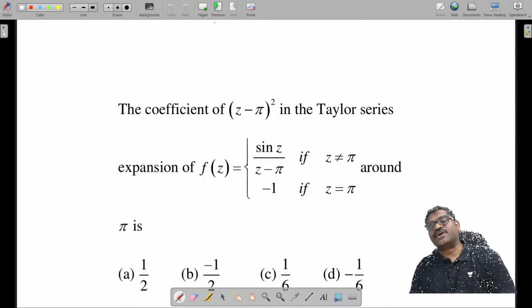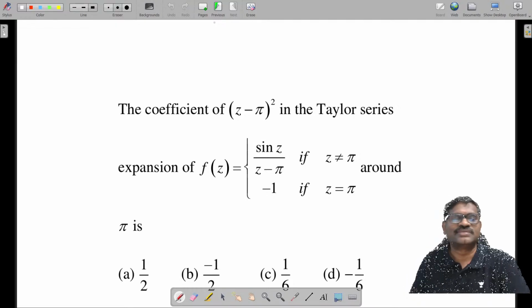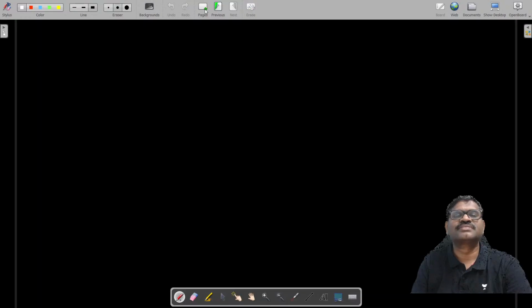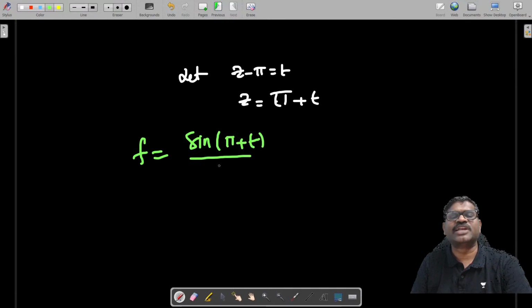Next: the coefficient of (z minus pi) whole square in the Taylor series expansion of sin z by (z minus pi). Do one thing. Let us take z minus pi equal to t, so z equal to pi plus t. Now the function is sin z by (z minus pi). Sin of 180 plus theta is minus sin theta.